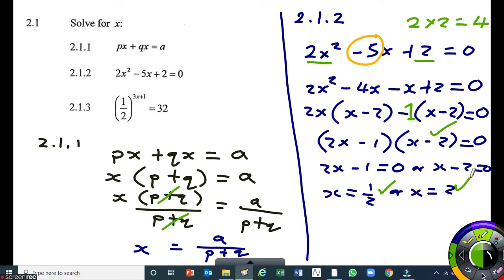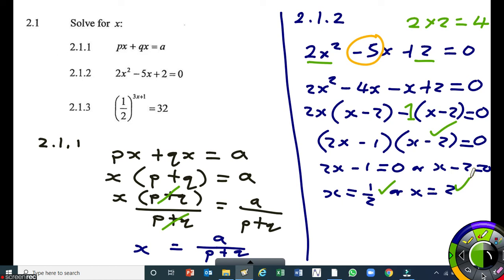There's no reason. You should be smiling when you see the trinomial. Alright, so that's it then. Let's move on. All these techniques that we are using now, we are going to need them later. Okay, that's the foundation of some of the topics that you are going to do later on.